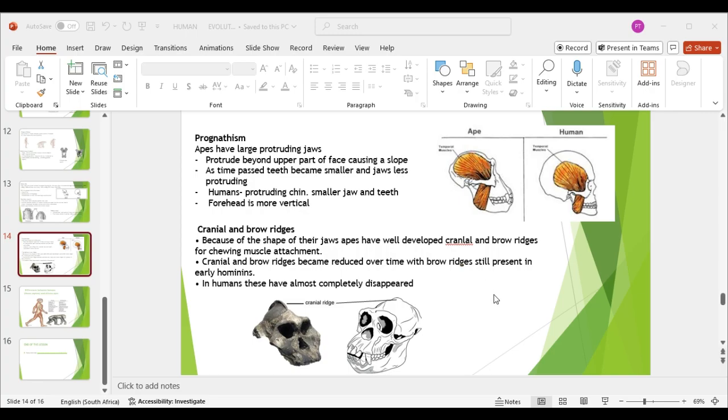The cranial and brow ridges become reduced over time, with the brow ridges still present in the early hominins. In humans, they have almost completely disappeared. Our cranial and brow ridges are not well developed.